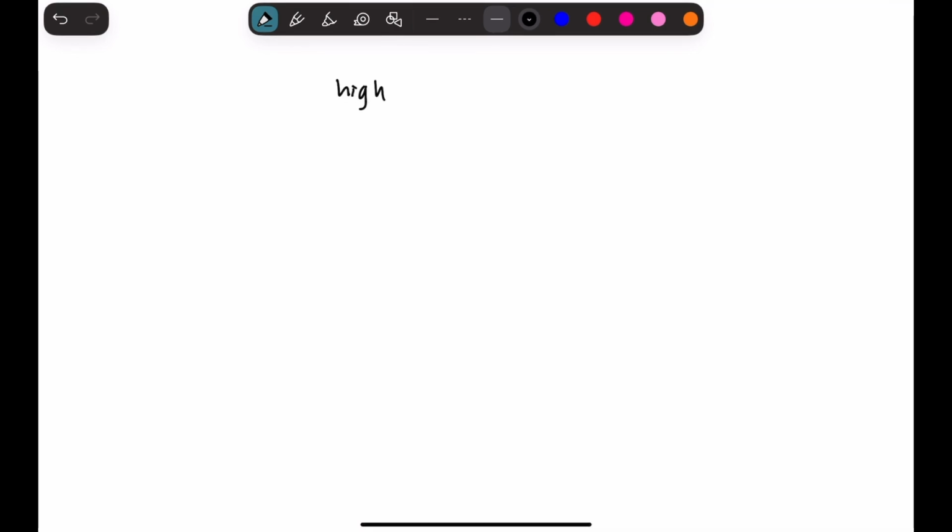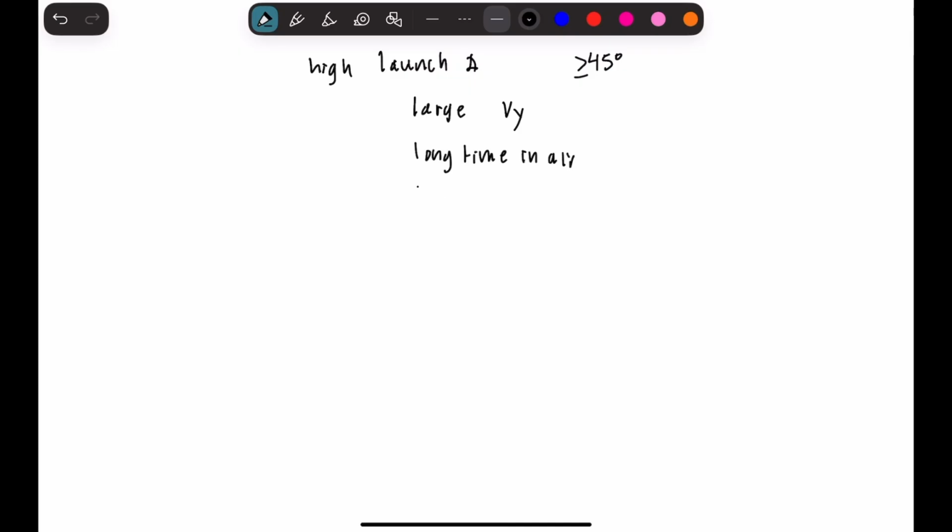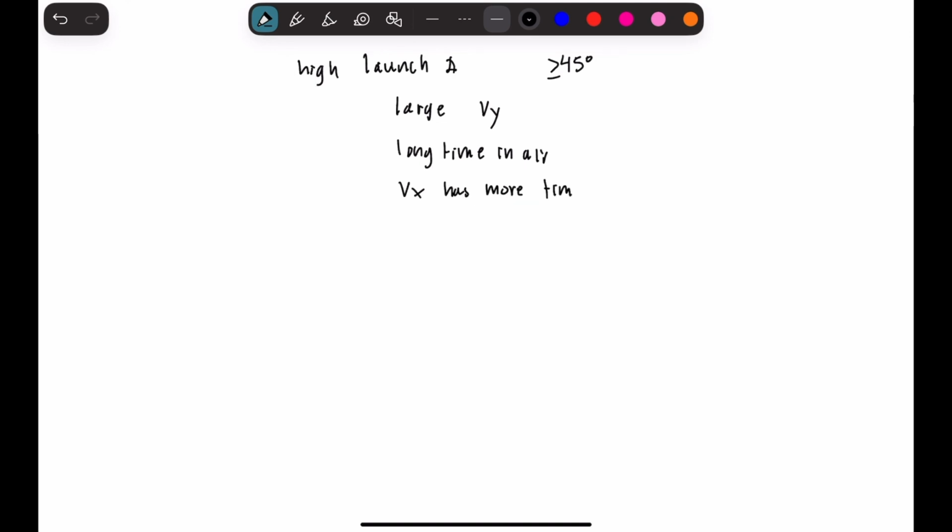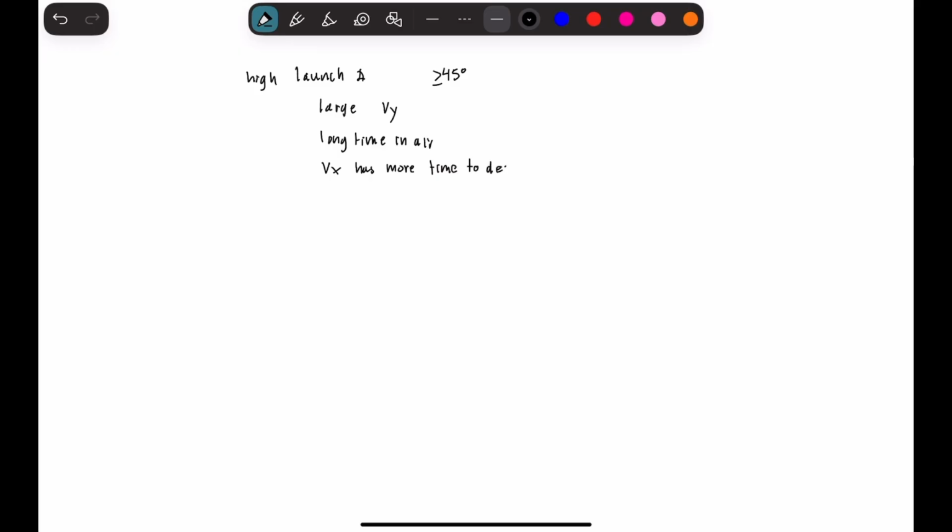So you can imagine that the high launch angle, which is approximately 45 degrees or greater than 45 degrees, means that you have a large vertical velocity, a large Vy, and a long time in air, and that means that your horizontal velocity has more time to decay.